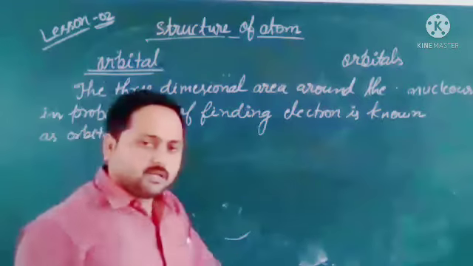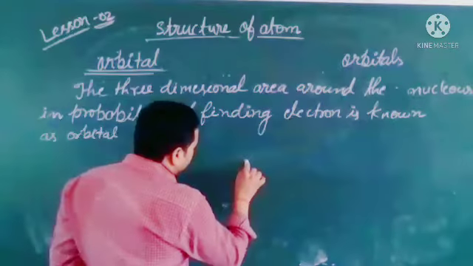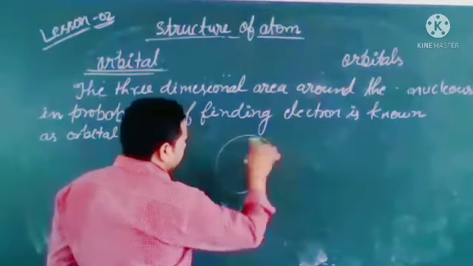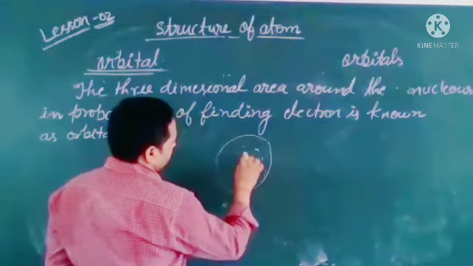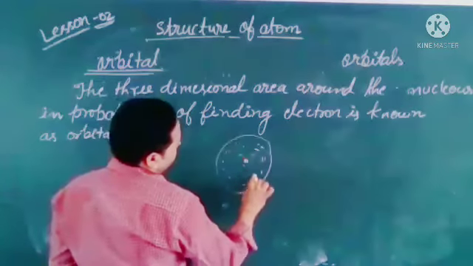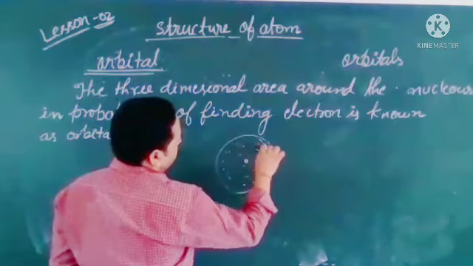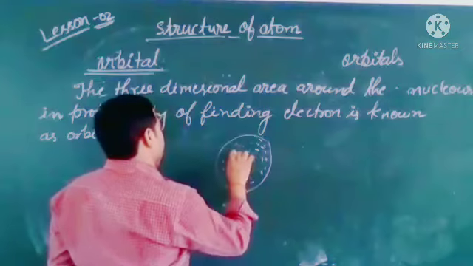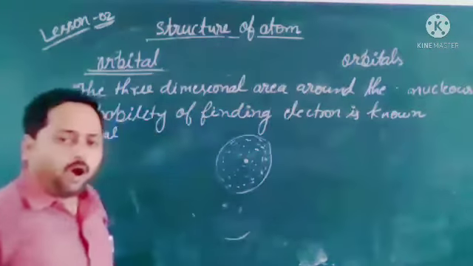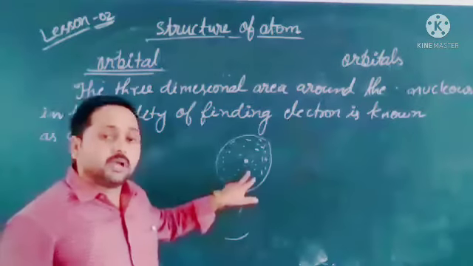Here this is the nucleus, and we have three orbitals. Orbital will be shown like this.